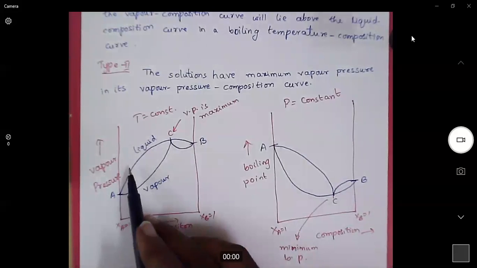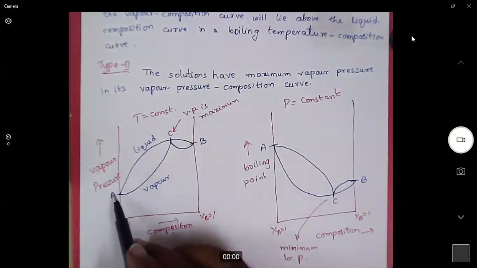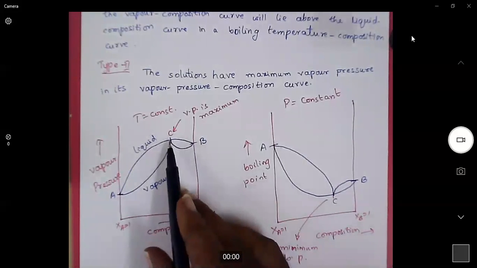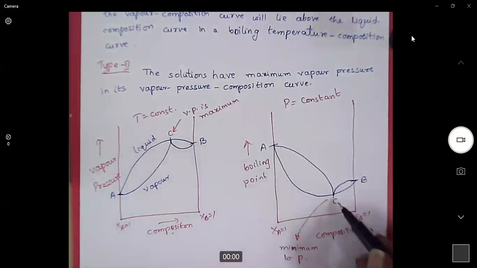Here both the mixture of A and B will have a maximum vapor pressure, so that is why the mixture will boil at a lower temperature. So it will have a minimum boiling point.